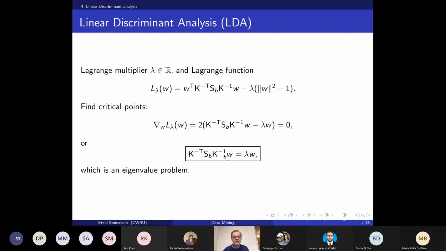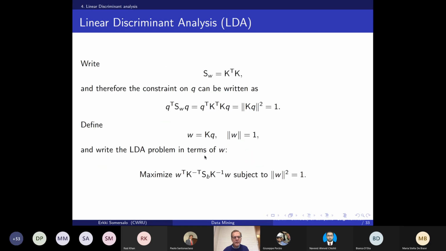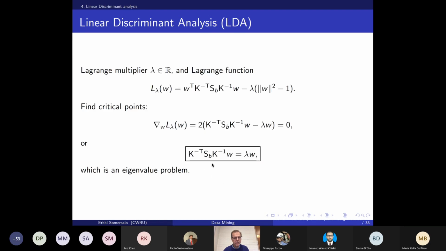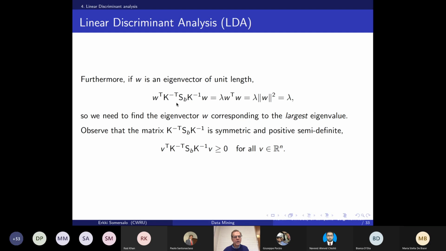Let's go one step backwards. Remember, we are maximizing the function W K minus transpose S_B K minus 1 W. This is the quadratic function that we are maximizing. Now suppose that W is an eigenvector of this matrix with eigenvalue lambda. Then how does the function we are maximizing look?